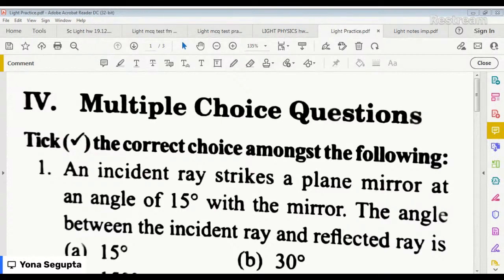So first of all, we all know that according to the law of reflection, the incident ray, the reflected ray and the normal ray, I will show you a picture also afterwards so that you can understand that. Let me copy this picture.